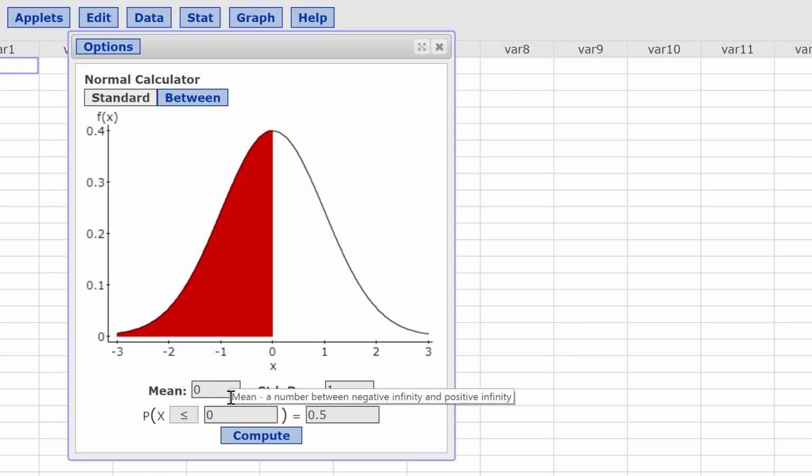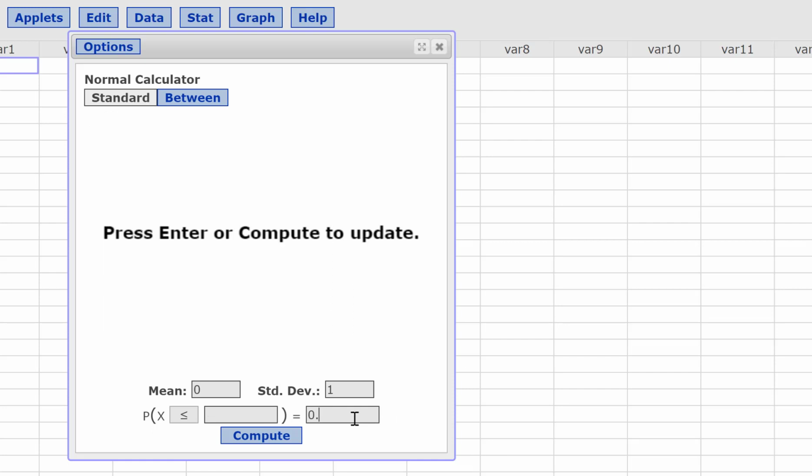You would think they would mean on the curve that we're going to be using, but they're not going there. Just wanting to know the cut scores. So we have the mean of 0, standard deviation of 1. And we're going to change this to 0.05.